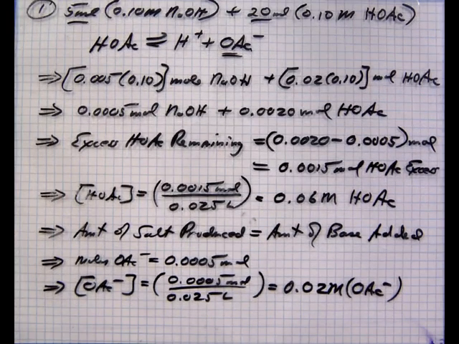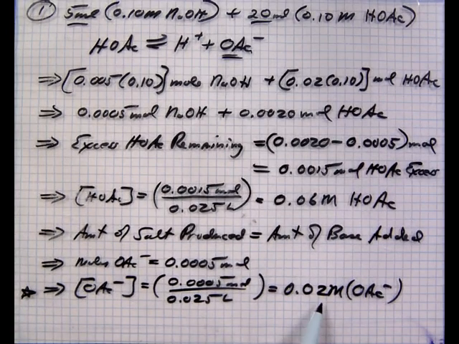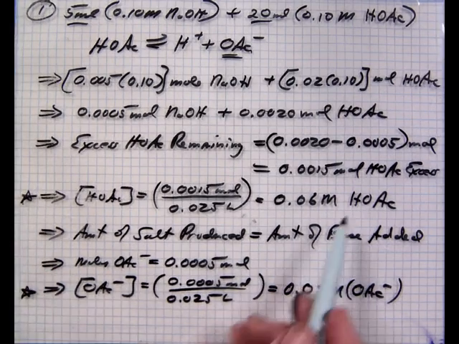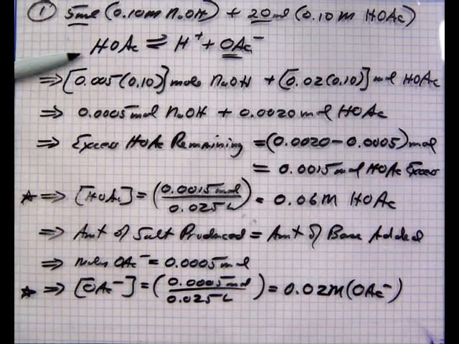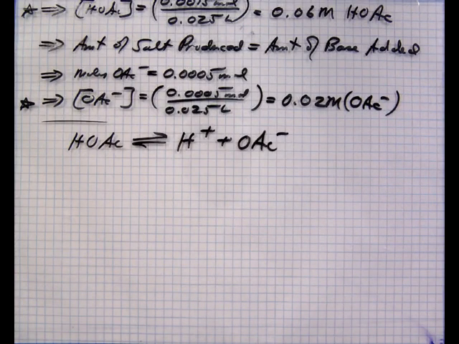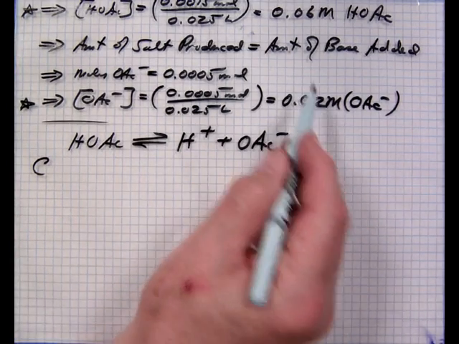So in order to now determine the hydronium ion concentration, we have to apply the concentration of acetate ions and the concentration of acetic acid to the acetic acid equilibrium. So at this point we write the acetic acid equilibrium and note that initially it has these concentrations.